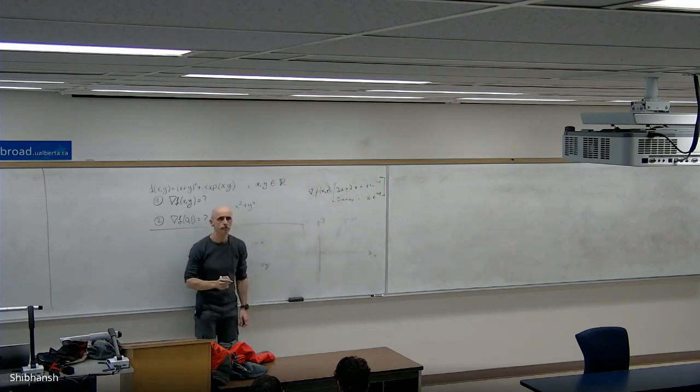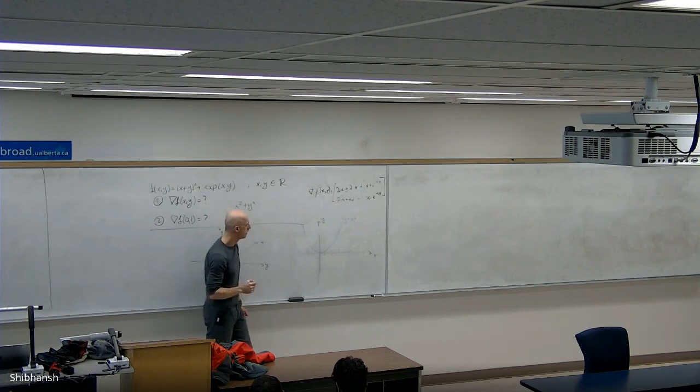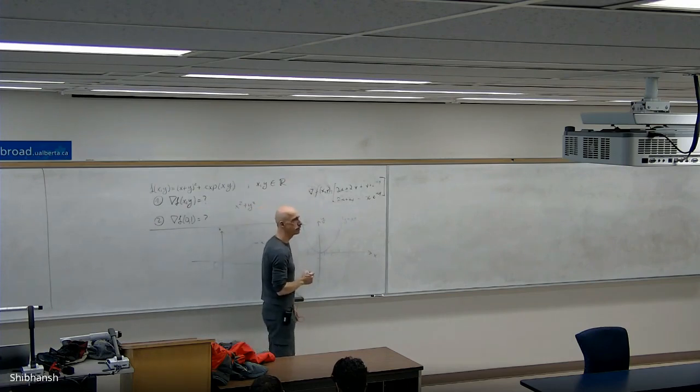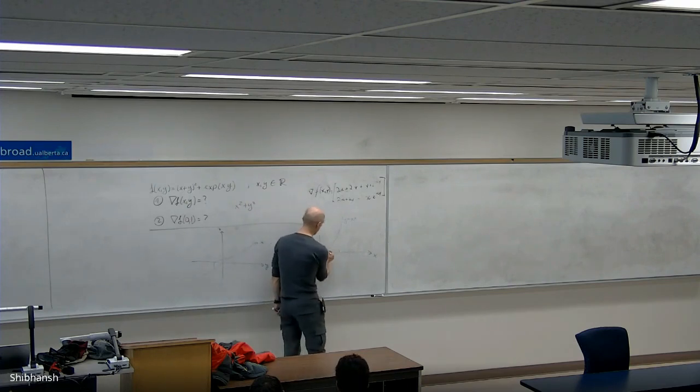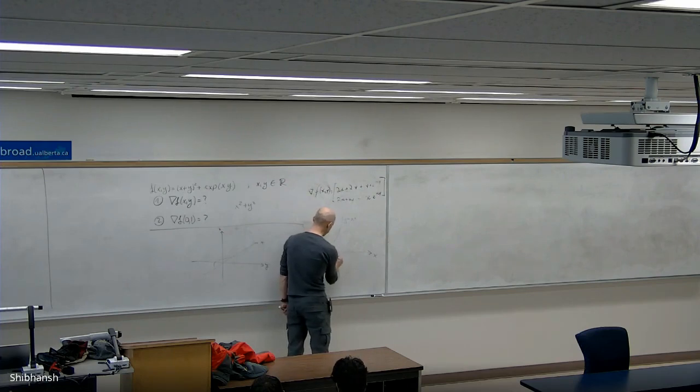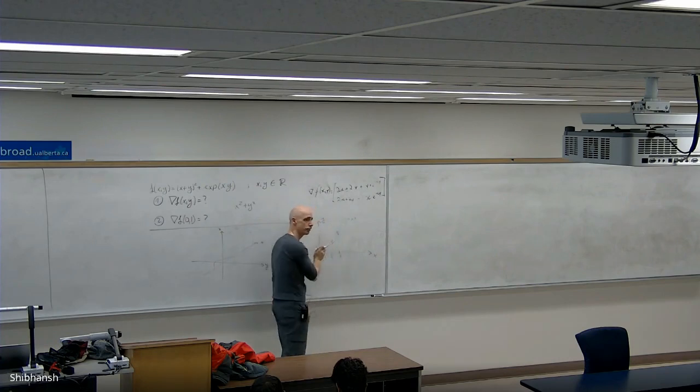OK? And along this curve, we just set the function value to x. So maybe this is 1, this is 2. So here the function value is going to be 1. Here the function value is 2. Here goes 3. So it's just increasing linearly along the curve.